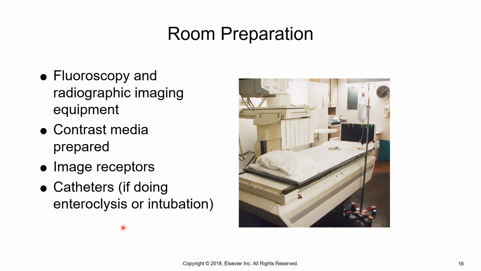So typically food and fluid is withheld for at least 8 hours. Ideally, they're on a low residue diet 48 hours prior, and no tobacco or nicotine products, no gum chewing. And the patient is typically always given a scout image to be looked at and verified prior to the exam beginning.